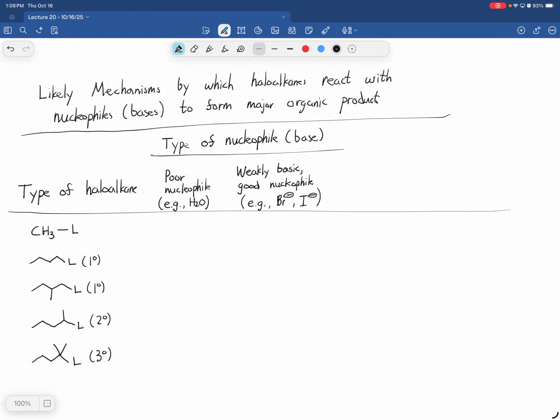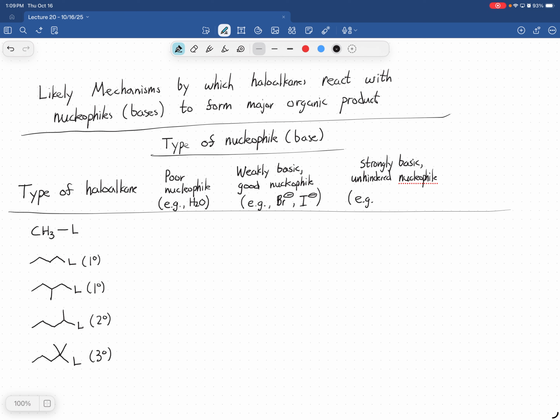Then we get to the strongly basic unhindered nucleophiles and then strongly basic hindered nucleophiles. Strongly basic unhindered: examples of this are negatively charged species on very basic atoms, carbon, hydrogen, oxygen, or nitrogen.